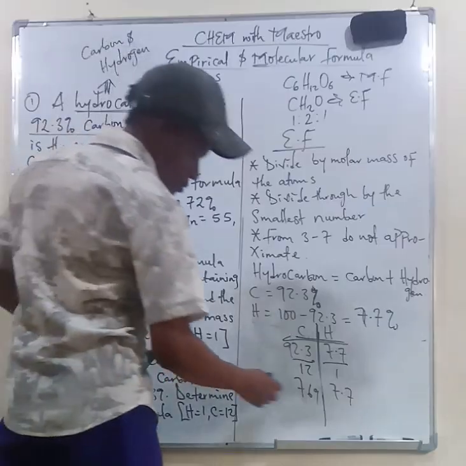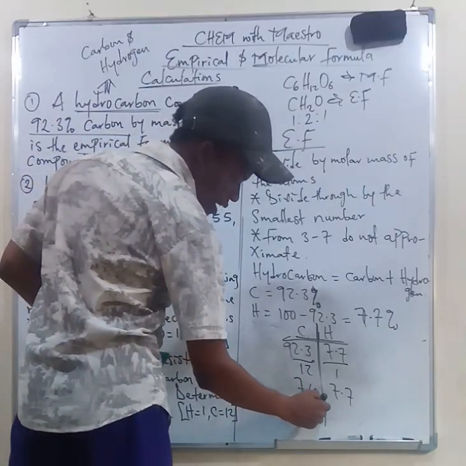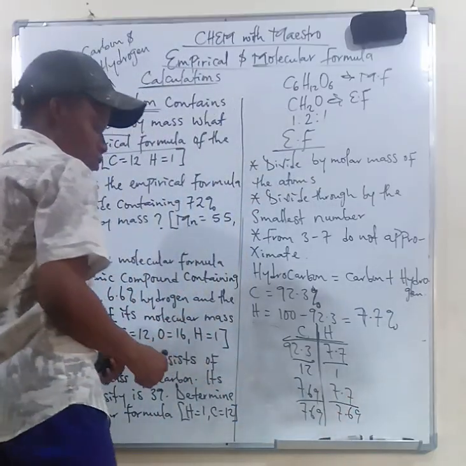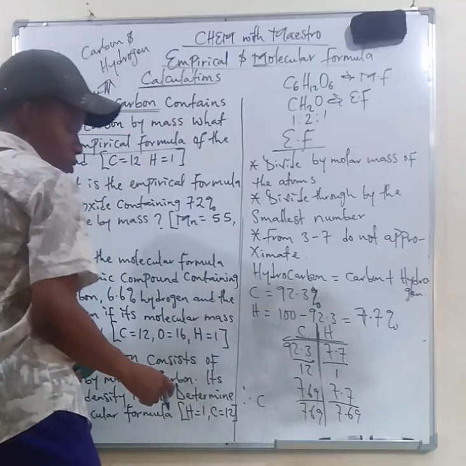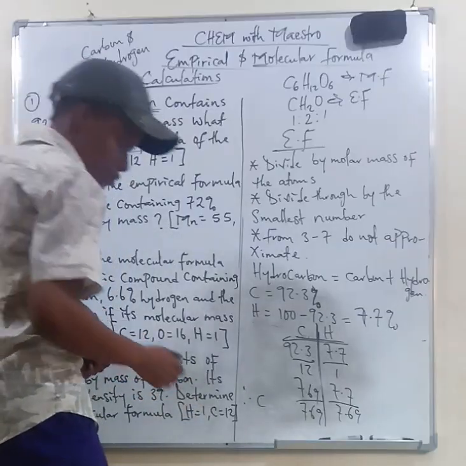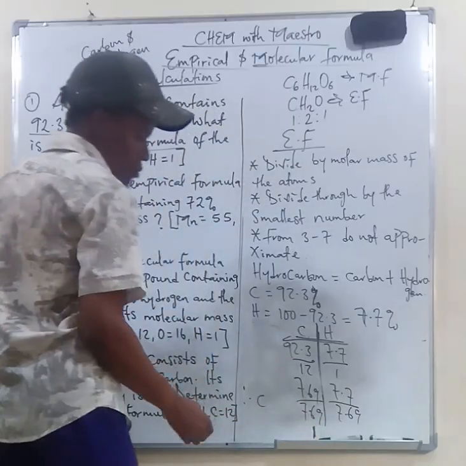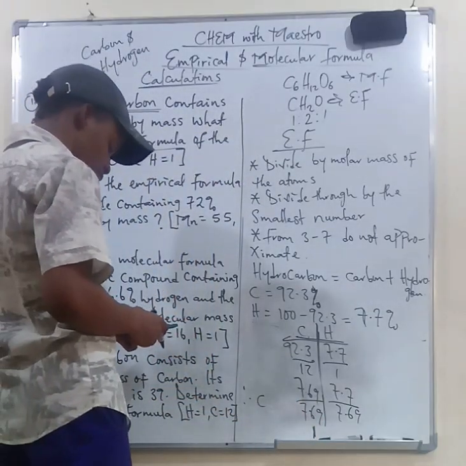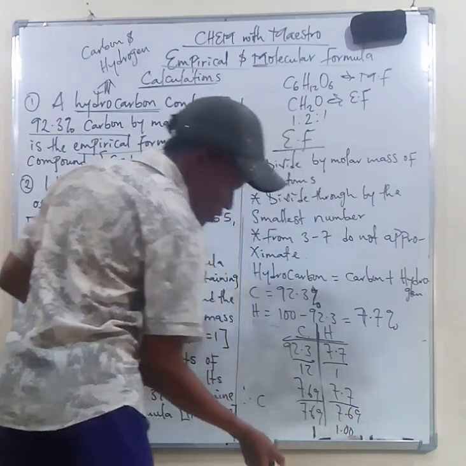But nevertheless, you can decide to say, okay, we don't want to approximate. Divide both sides by 7.69. So for carbon, 7.69 divided by 7.69 is 1. For hydrogen, 7.7 divided by 7.69, you also get 1.00, which is the same thing as 1.